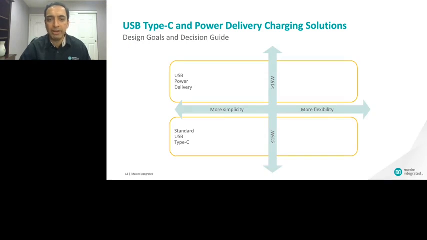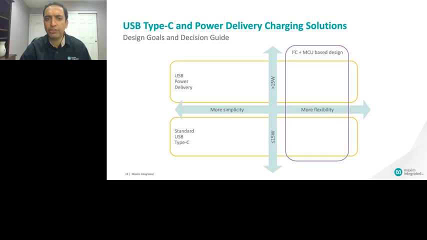This is a matrix that shows all the different options available, and I've classified them essentially on 2 axes. One is in terms of the power level, and that's the vertical axis. The second consideration is how simple or how flexible your system needs to be.